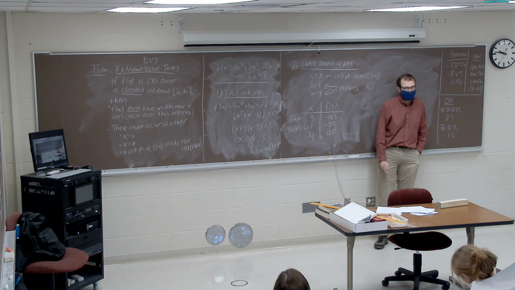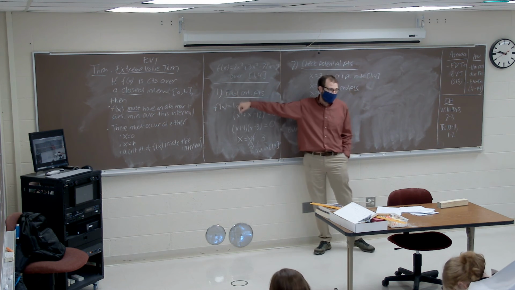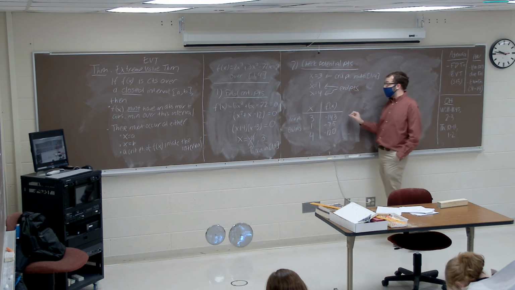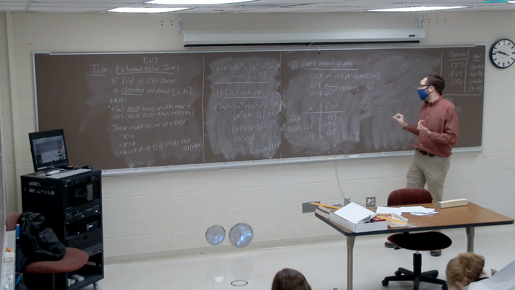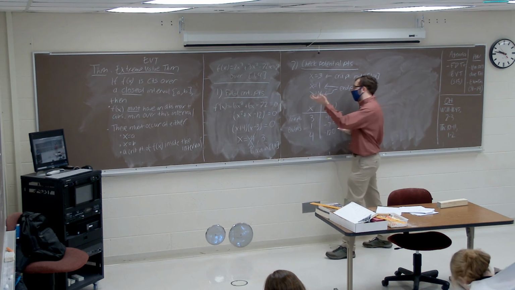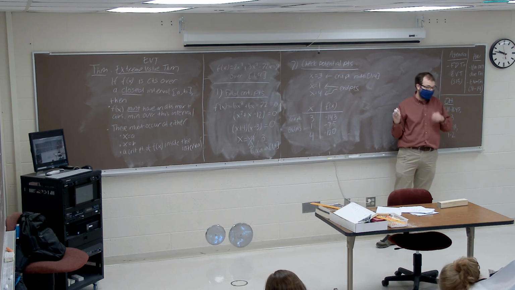If this is a quiz question, it would be nicer to work with. And if you notice, these are values that we get from plugging our potential absolute max and min points into the original function, f of x, not f prime of x this time.